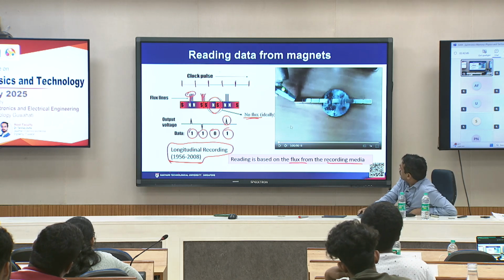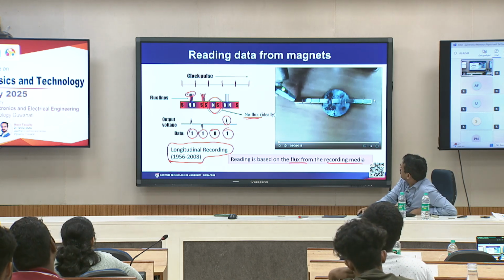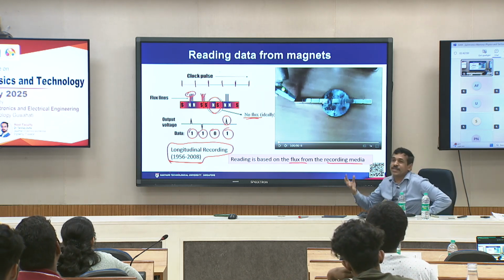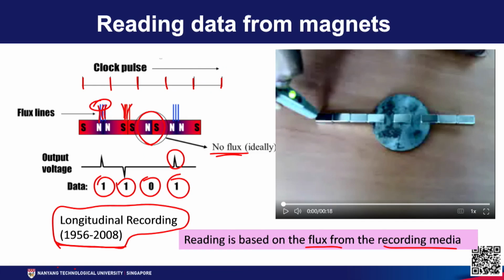So, I move this sensor over this arrangement of magnets. You can imagine this is like bits of a hard disk media. Only difference is now these are like 2 centimeter long. Okay.